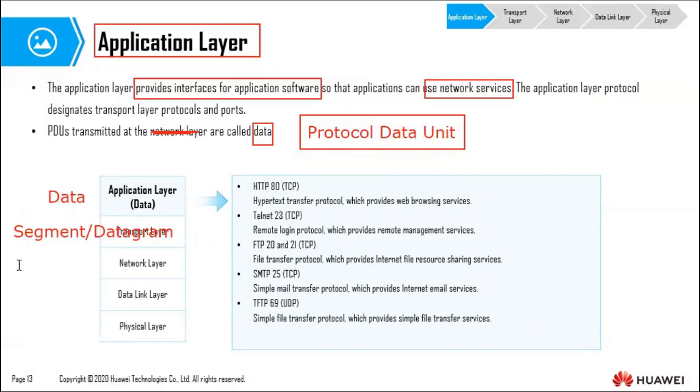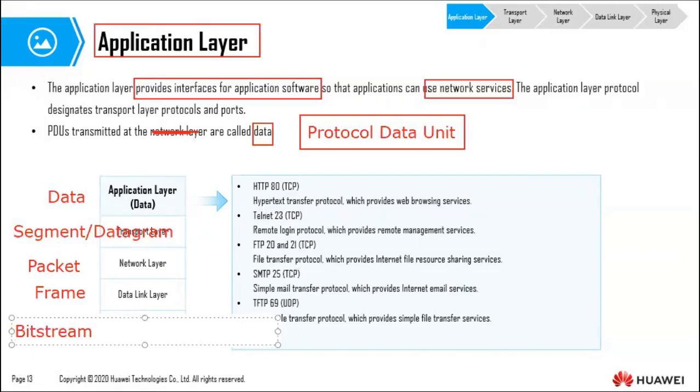Okay. And then at the network layer, you must have heard of this one. The PDU is called a what? At the data link layer, it is called a frame, and at the physical layer, zeros and ones: bit stream.